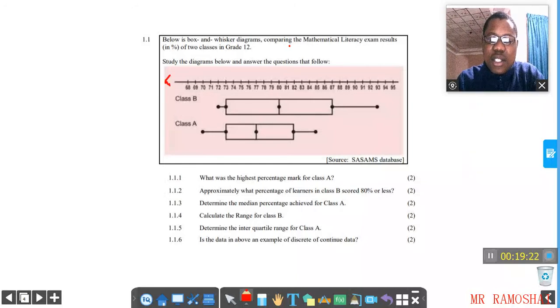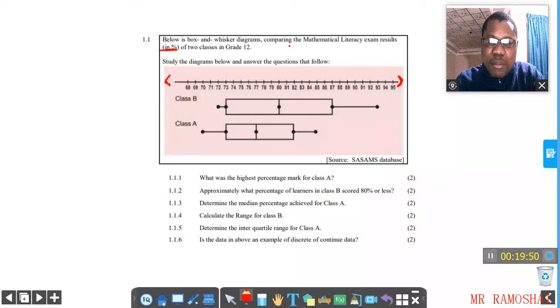This scale that you see on top here simply represents the marks in percentage. Are we clear? So in order to know what is the median, what is the maximum value, you just have to take your ruler and align your middle number here with the number on top, because the numbers are not shown here.